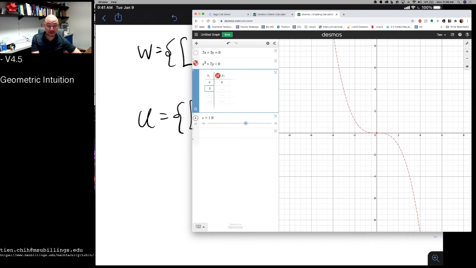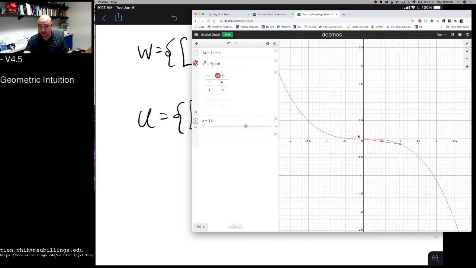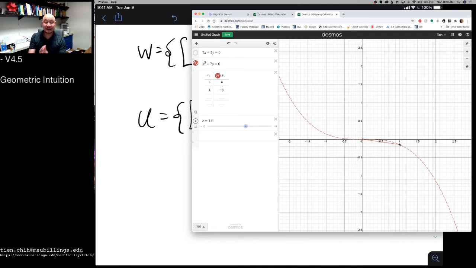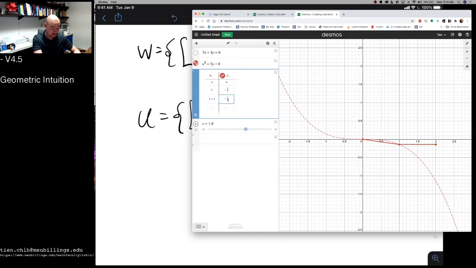Let's say when x is 1, y is minus 1/7. If we zoom in a bit, we can see that that curve definitely lies in U, right? That this vector is a vector in U. But the problem is that now if I add it to itself, this point here, 2 comma minus 2/7, does not lie on U, right?